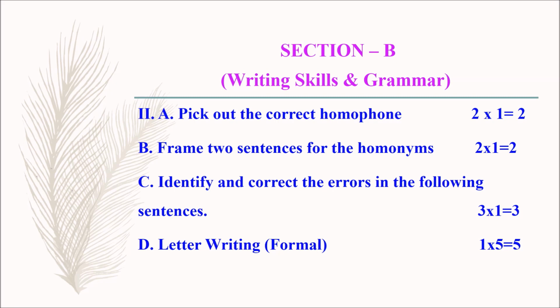According to the given sentence, you have to choose any one correct word. In homophones, you will get 2 questions. Each question carries 1 mark. So totally 2 marks for homophones.